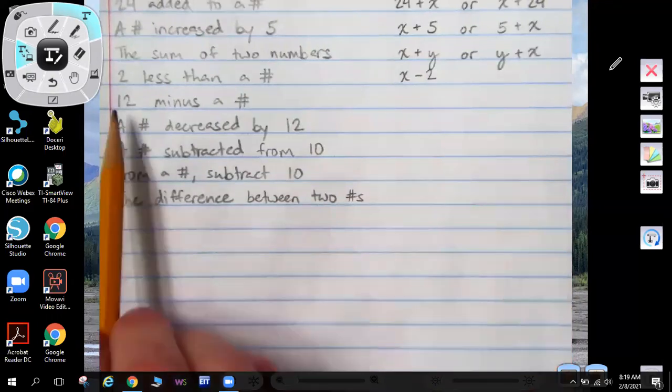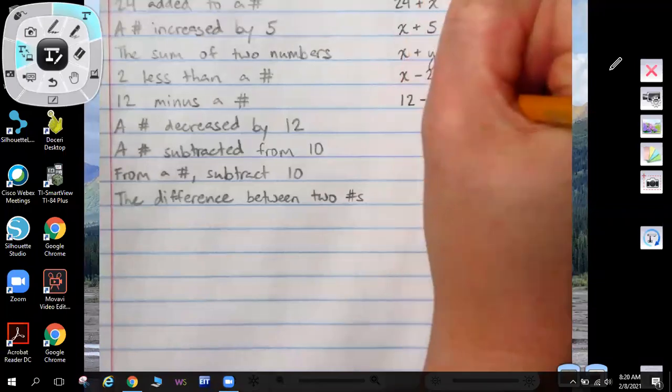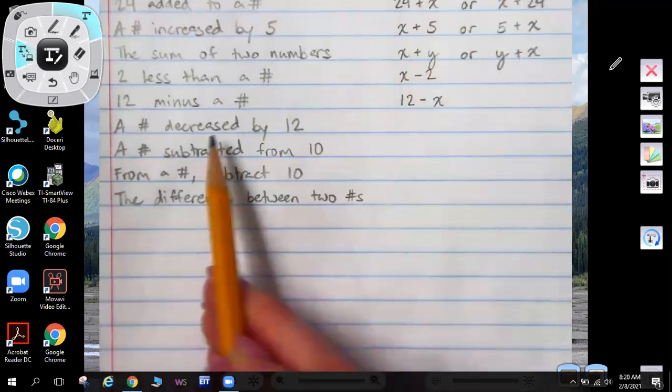Like the next one, 12 minus a number, we write it just as it's written, 12 minus a number, which we're calling x. A number decreased by 12.